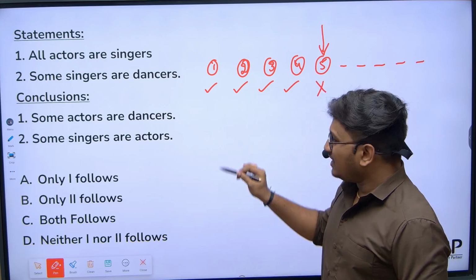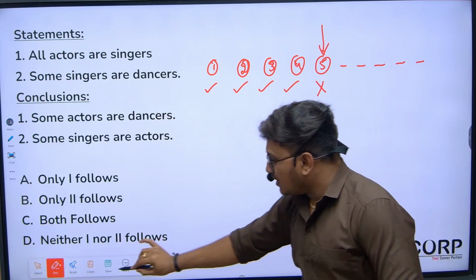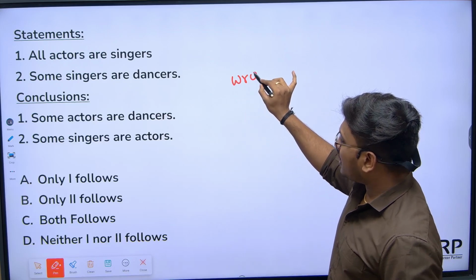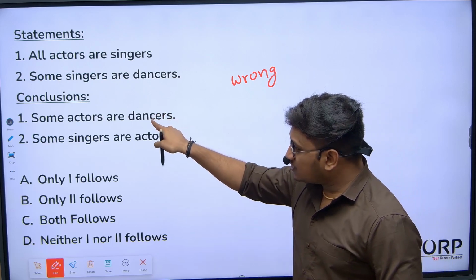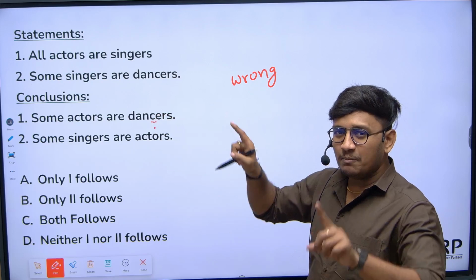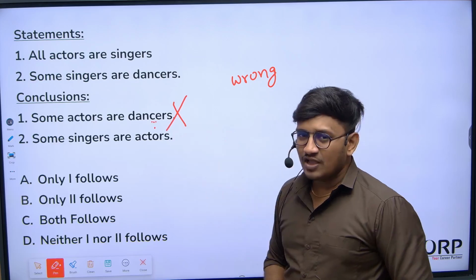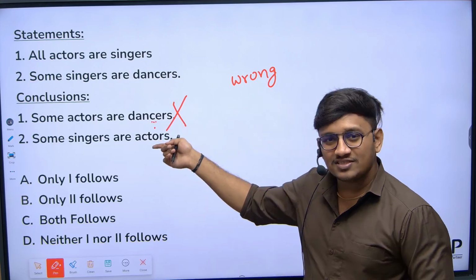Instead of proving all the conclusions correct, better prove the conclusion is wrong. If you can prove it wrong in one particular case, then this conclusion is wrong. If you fail to prove it is wrong, then obviously it is correct.